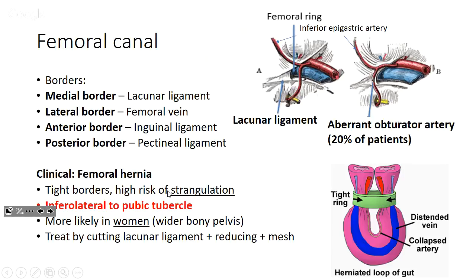The other thing is it's often in women because, in males, you typically look at more inguinal hernias because you've got the vas deferens passing through. But in females, it's typically the femoral hernias. And because of the tight borders, there's a high risk of strangulation. And so how you treat it is by cutting this lacunar ligament. But what this diagram is showing here is that sometimes you have an aberrant obturator artery that can be present. And so when you cut it, you can actually damage that and cause bleeding. So there's something to take note of.